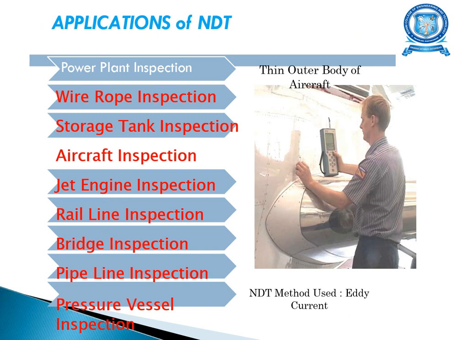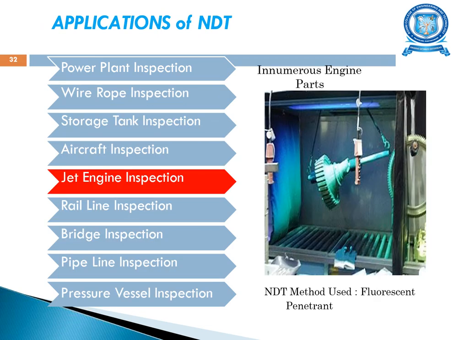And here you have aircraft inspection. This thin outer body of the aircraft is being tested by the eddy current testing method. And for jet engine inspection, fluorescent penetrant is being used. That is, the liquid penetrant non-destructive testing method is used here to inspect the jet engine.